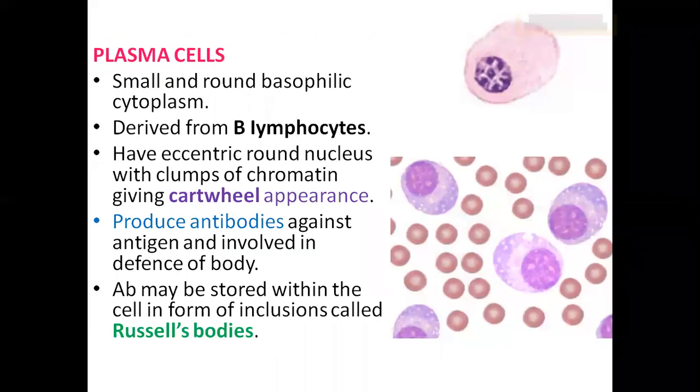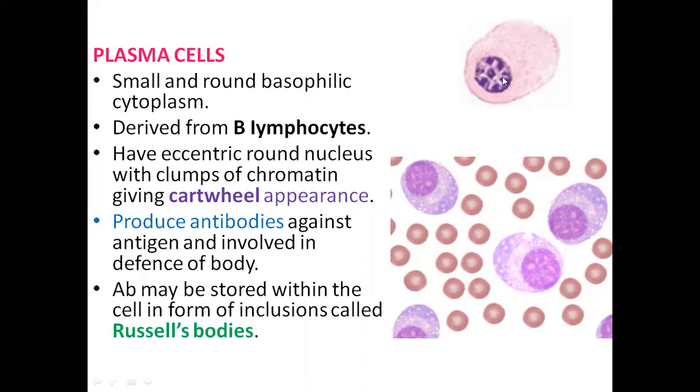Then after macrophages, we have plasma cells. Plasma cells are small and round with basophilic cytoplasm. They are derived from B lymphocytes. They have an eccentric nucleus, pushed to one side, and this nucleus has clumps of chromatin, as you can see in this picture.